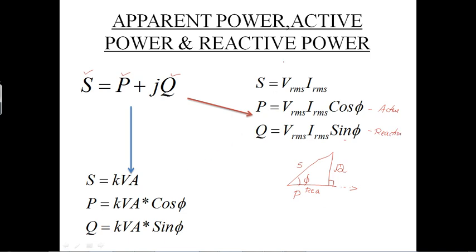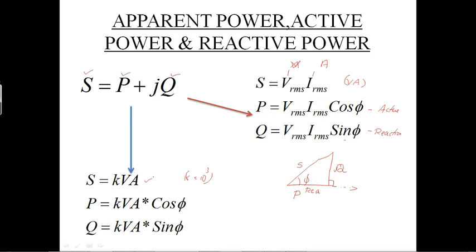Again, what is the unit of voltage? Volt, right? VRMS is voltage. The unit of IRMS is ampere. So what will be the unit of S? I can write it as VA. When we are talking about the higher range, k stands for 10 raised to 3. So S can be written as kVA.